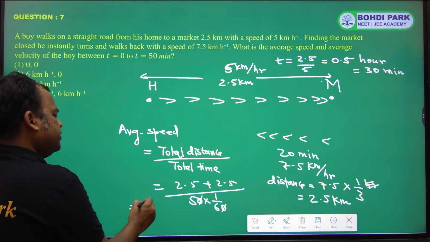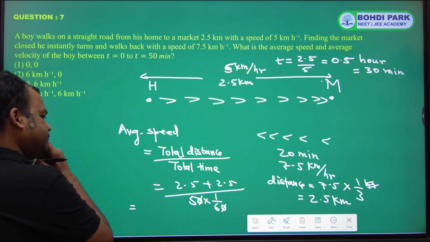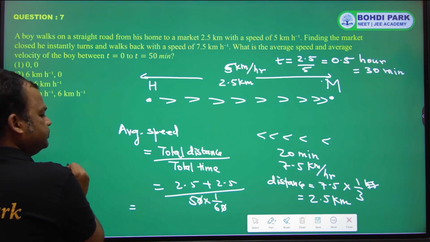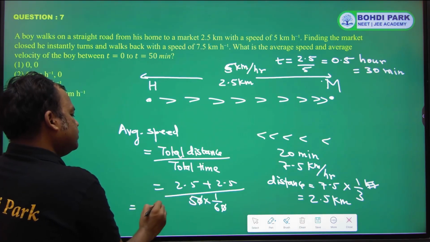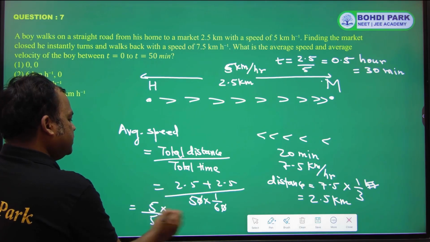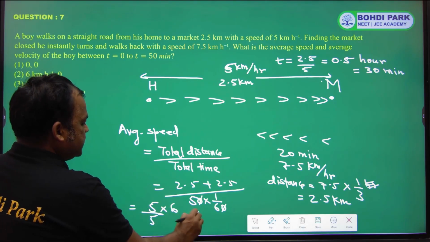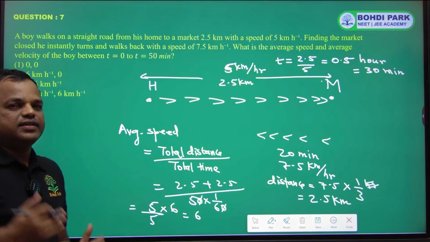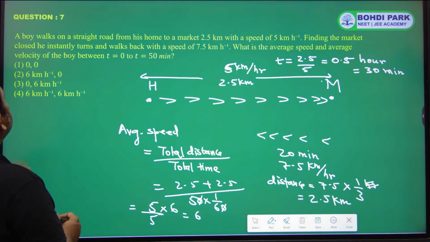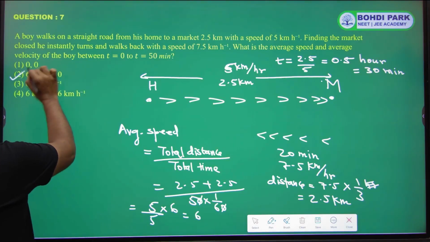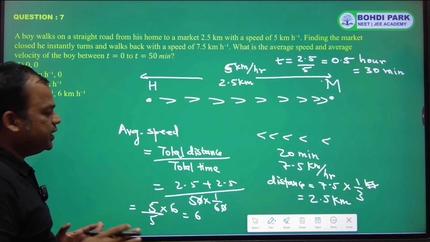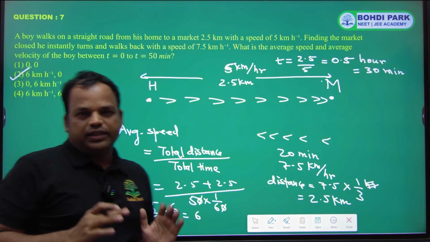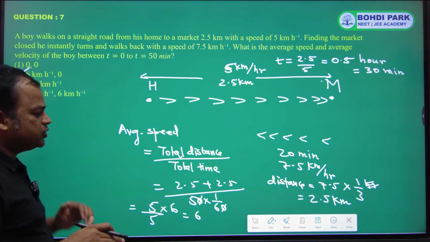So 5 by 5, and the 6 will go to the numerator. So 6. Average speed is 6 and average velocity 0. So 6, 0. So second option is correct. Okay. So that's it. Now let's move on to next question.